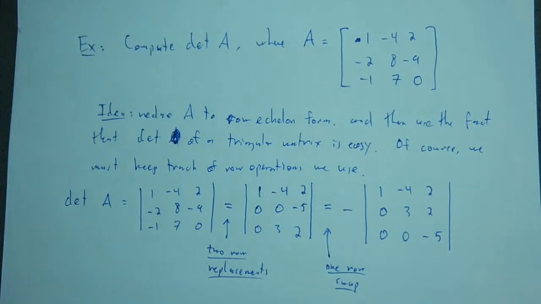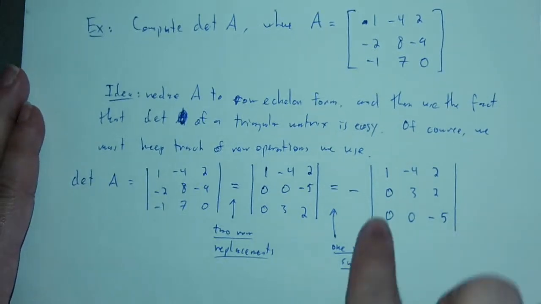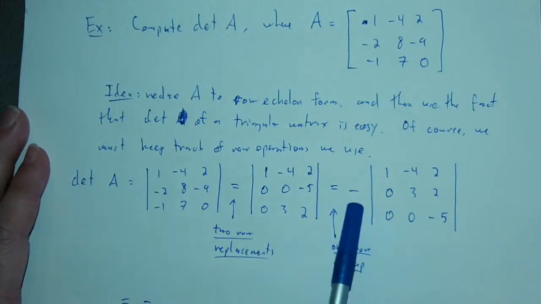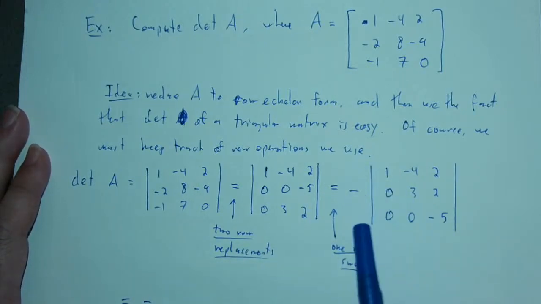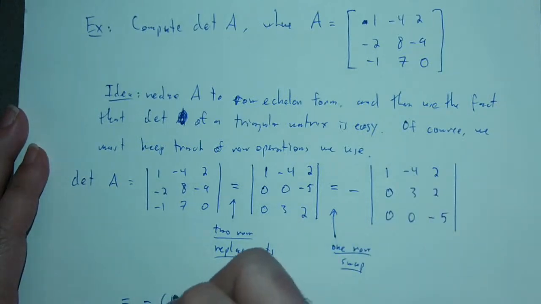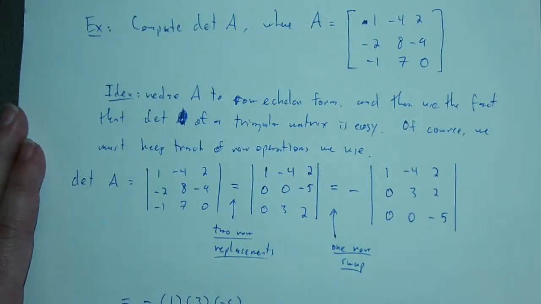I've interchanged rows 2 and 3, so I get a minus sign here. And so what do I get? I get that the determinant of A is minus the determinant of a triangular matrix, so this is just the product of diagonal entries. So this is 1 times 3 times minus 5, so this is 15.